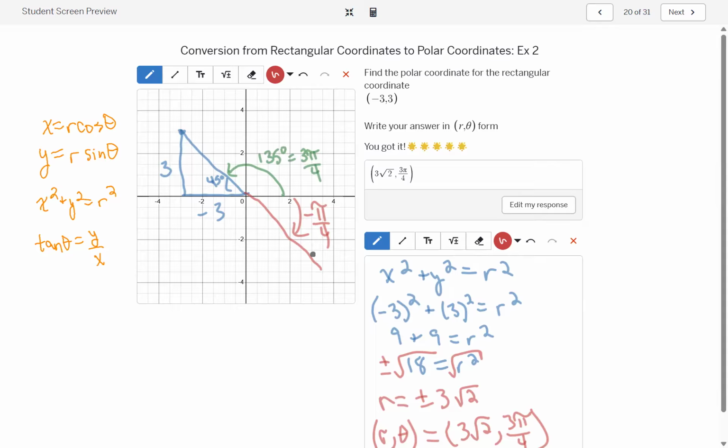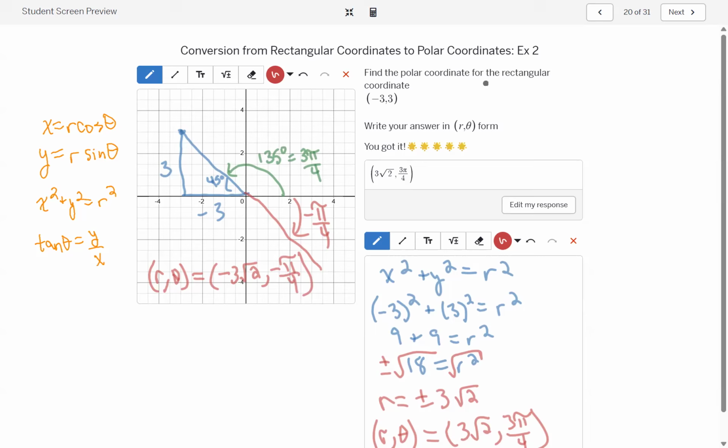With the negative pi over 4 radians, we would have to walk backwards to get into quadrant 2. So the other r theta point would be negative 3 square root of 2 and negative pi over 4. This is what we would get, especially if we were doing it on WebWork.